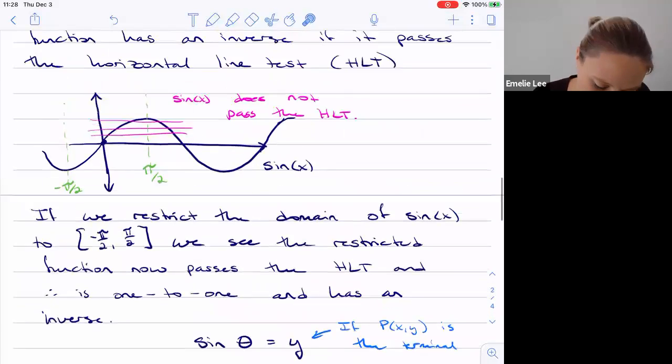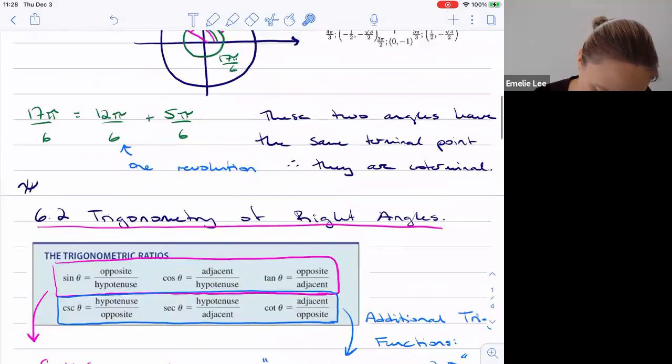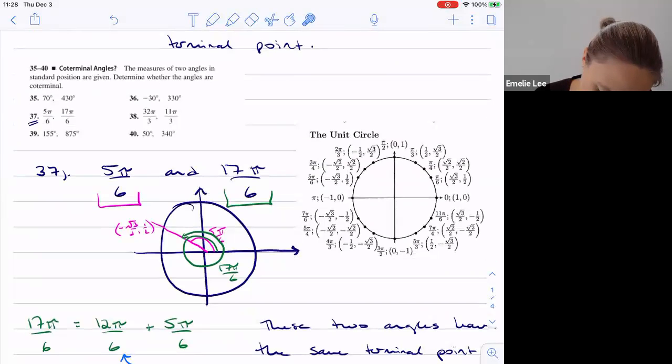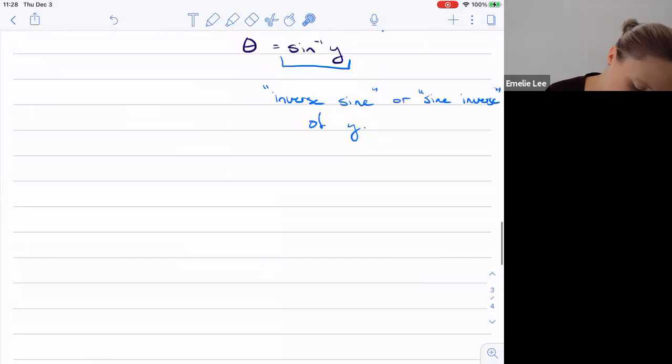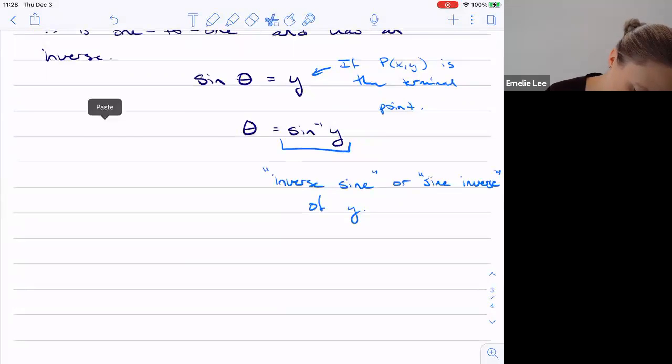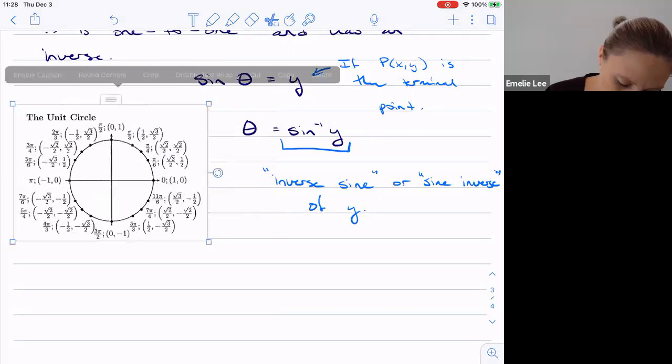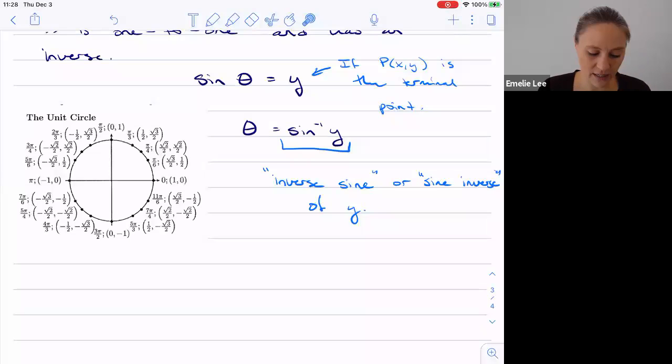So if we go back and steal this little guy, copy, paste. For sine, if I go negative pi over 2, I'm going down to here, and if I'm going positive pi over 2, I'm going to here.